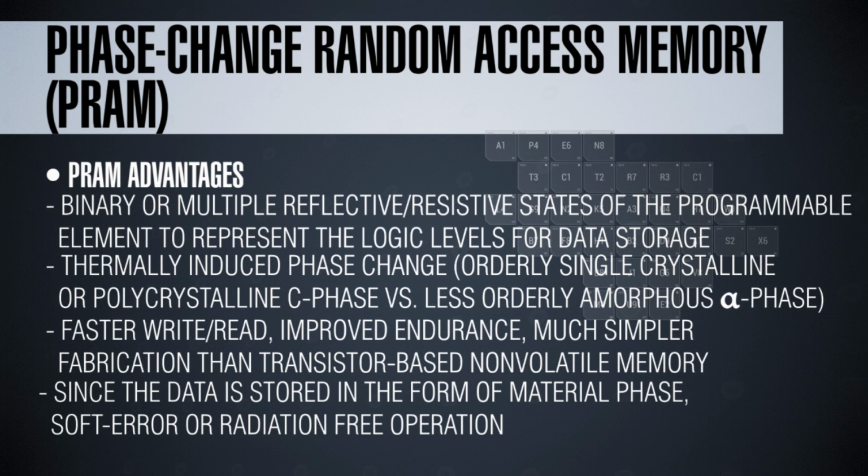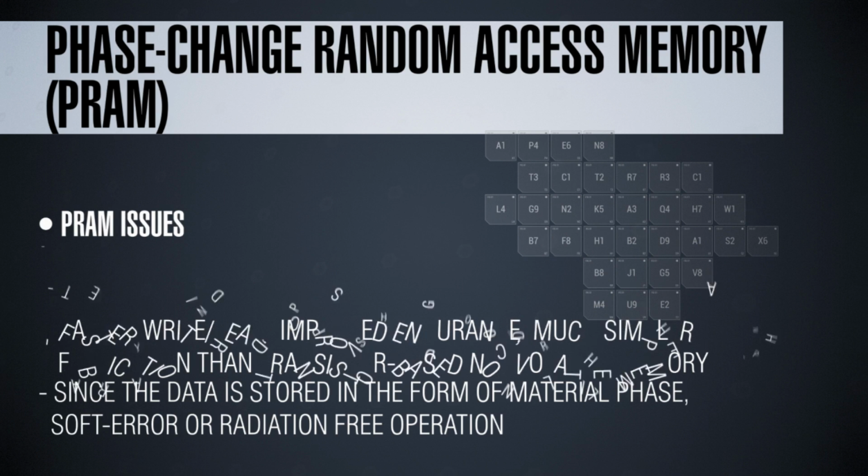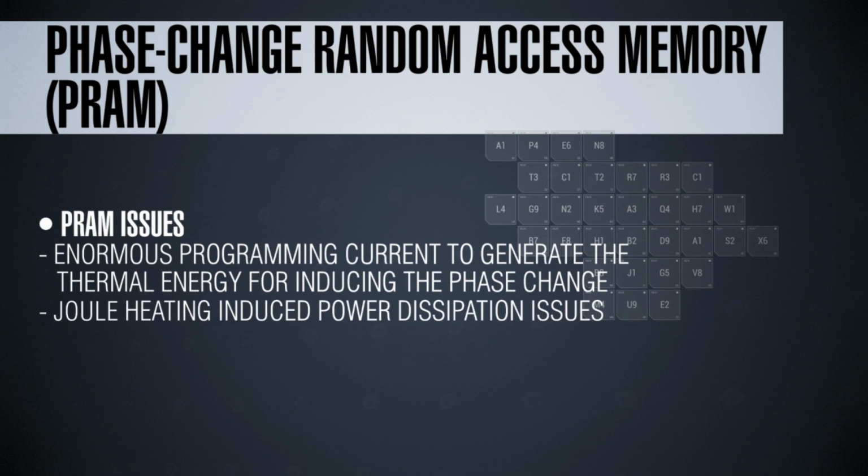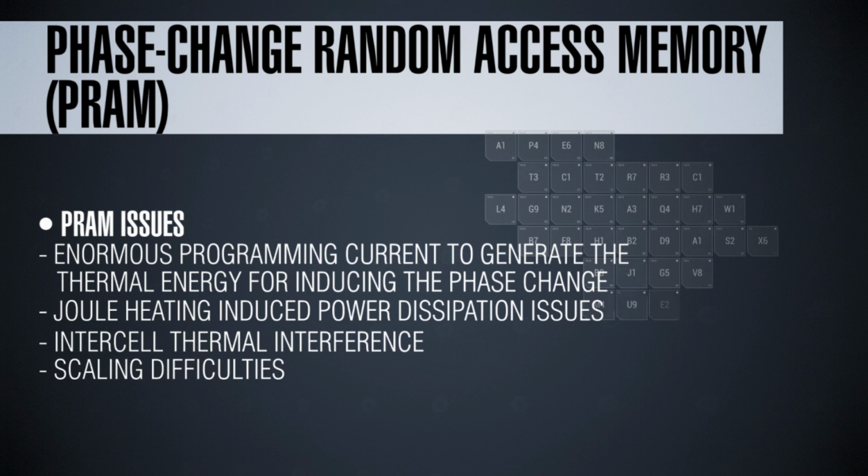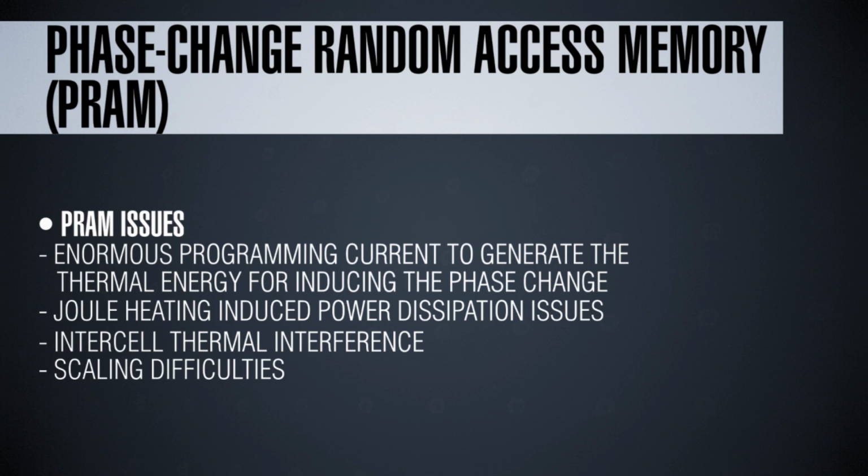So if it is so wonderful and has so many advantages, the question is, how come we don't have PRAMs widely available in the market? There have been issues. I mentioned that you can apply heat and reversibly change the phase of the material between amorphous and crystalline.